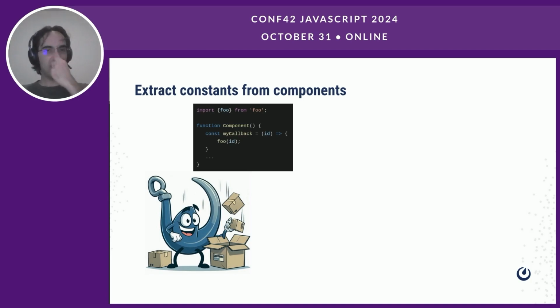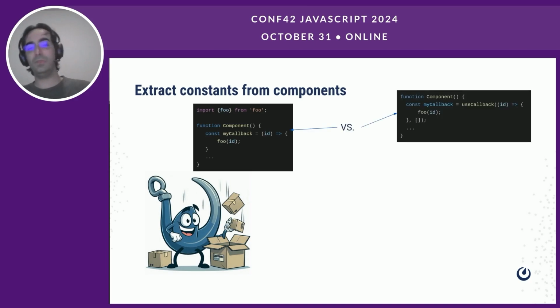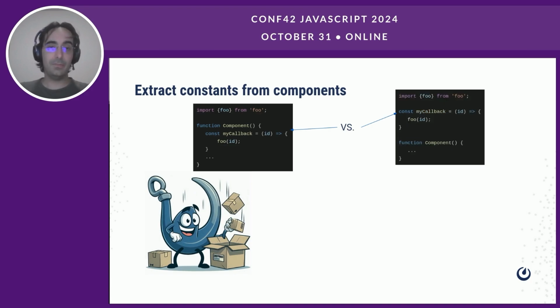We have here another example of the same thing. For example, you have this callback. Most people will not even look much into it and say, okay, we just put a useCallback. But there's a better solution. Take it out of the component. It is not using any prop. It's not using anything that is inside of the component. So you can take it out. And if you can, just do it.